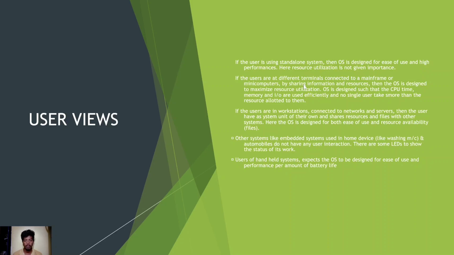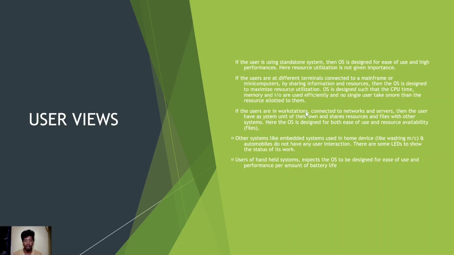If the user is at different terminals connected to a mainframe or a minicomputer, sharing information and resources, the OS is designed to maximize resource utilization. The OS is designed in such a way that CPU time, memory, and I/O devices are efficiently used. No single user takes more than the resources allocated to them.